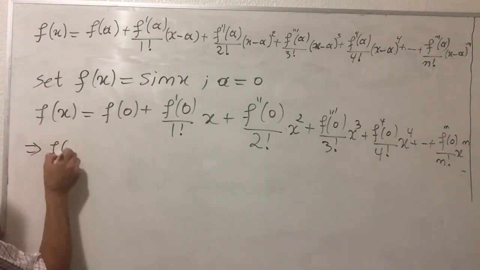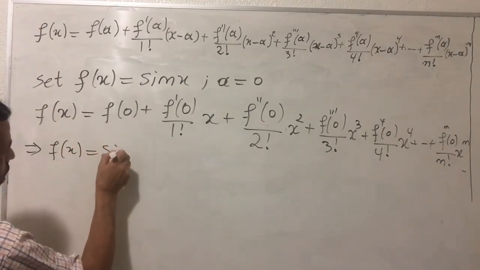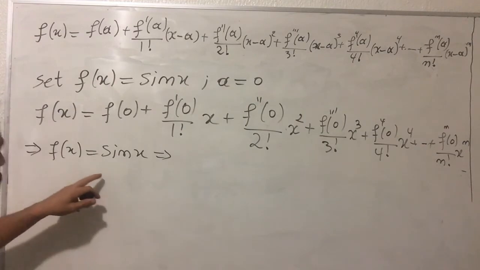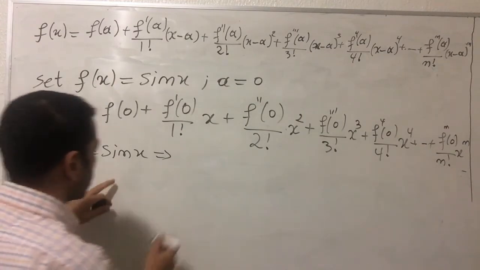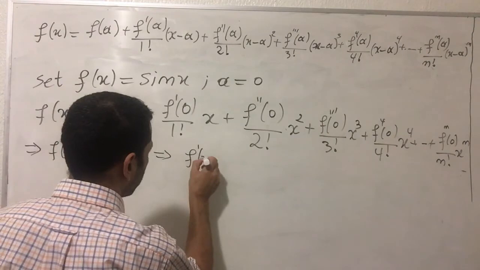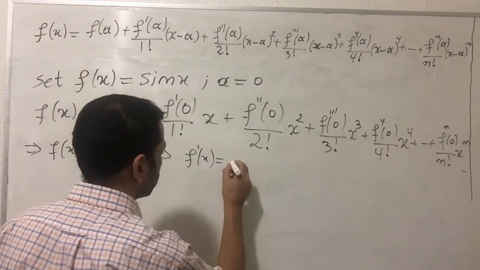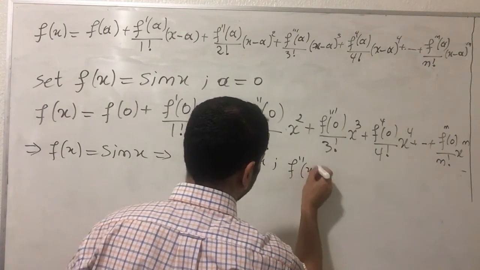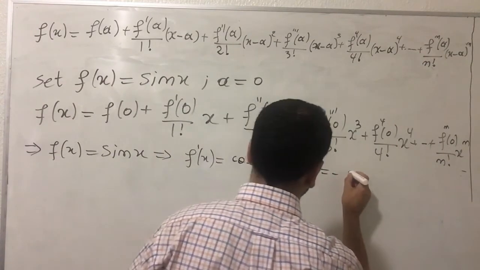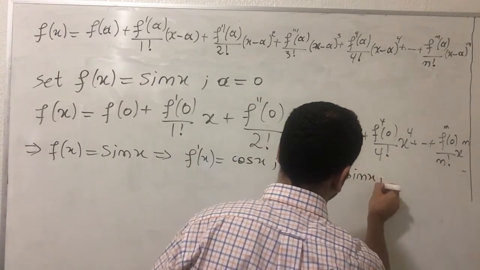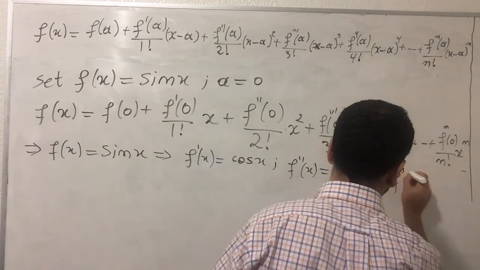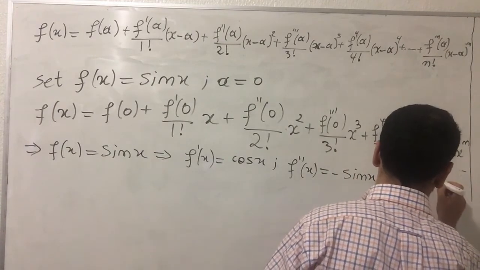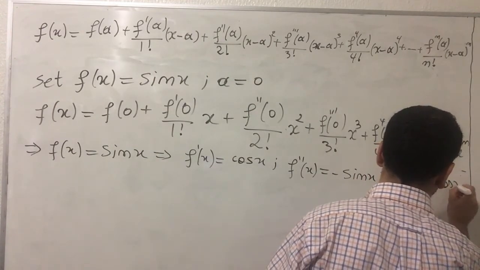I have f of x equal to sine x. I'm going to take the first derivative of sine x. I will have f prime of x equal to cosine x, okay. And the second derivative, the derivative of cosine x, which is minus sine x, and the third derivative, the derivative of minus sine x, which is minus cosine x.